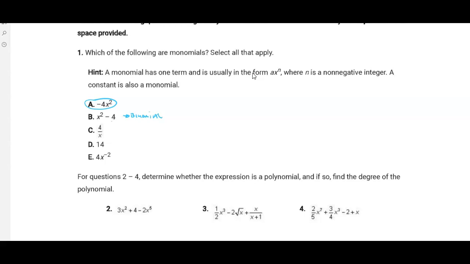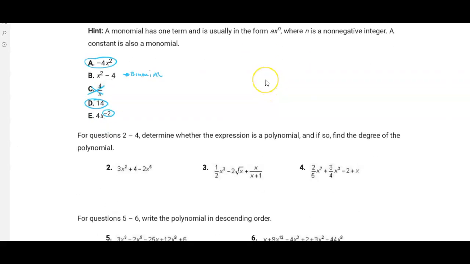Anytime a variable expression is in the denominator of a fraction, it doesn't count. So that's not a polynomial. This here, 14, that is a constant and a monomial. The next one, in order for it to be a polynomial, your exponents have to be positive because the exponent on x is negative. That is not a polynomial, which means it cannot be a monomial.